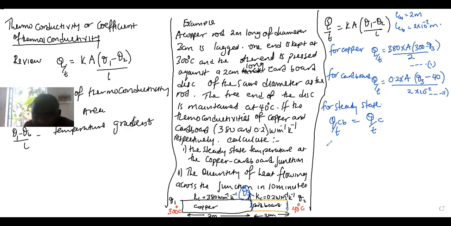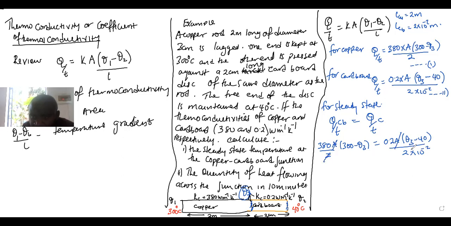So therefore, we shall have 380 times cross-sectional area divided by 2 into 300 minus θ3 is going to give us 0.2 times cross-sectional area of θ3 minus 40 divided by 2 times 10 power negative 2. I can lose the cross-section area by division.